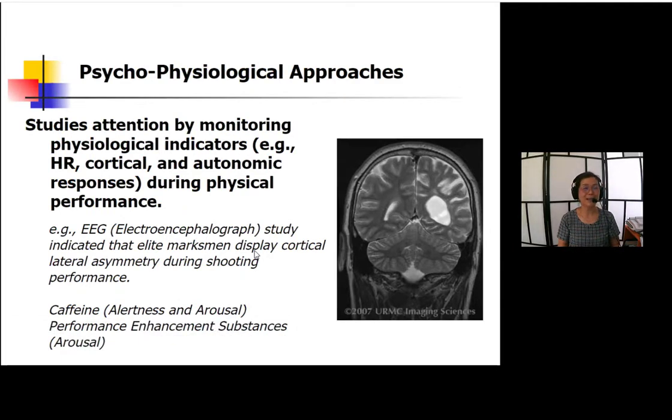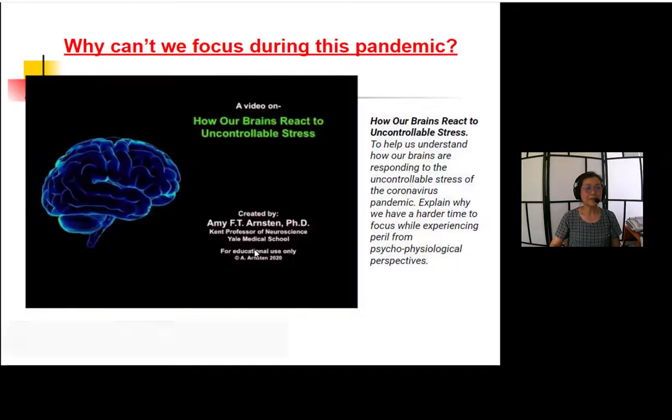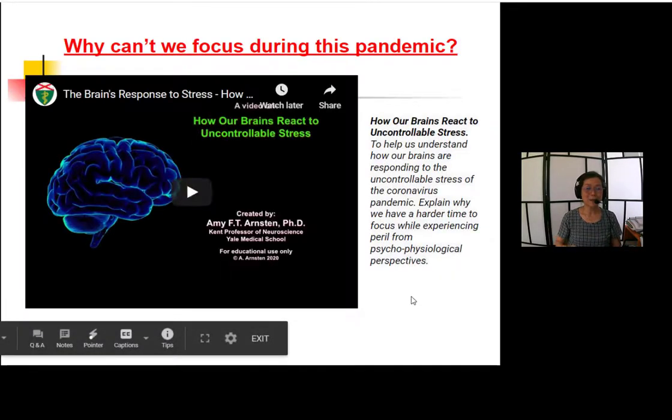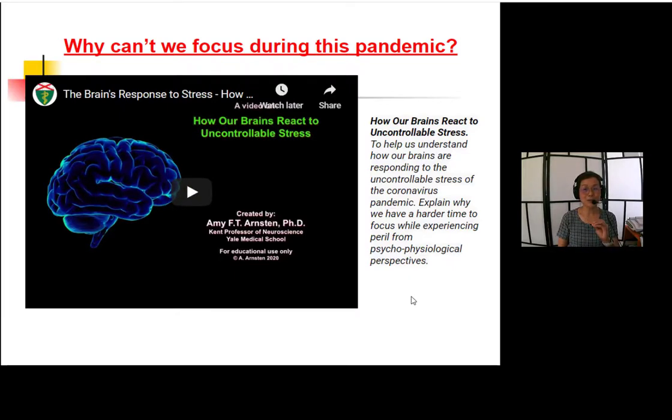It's strictly related to physiological indicators, how the hormones in your body are associated with your attentional capability. Next slide, it's about 5 minutes or so, really helps us understand from a physiological standpoint why we have a hard time focusing on our important tasks during this pandemic. So enjoy it.